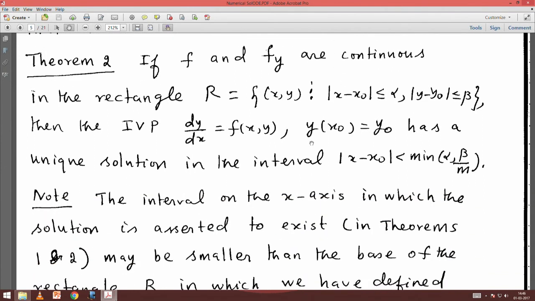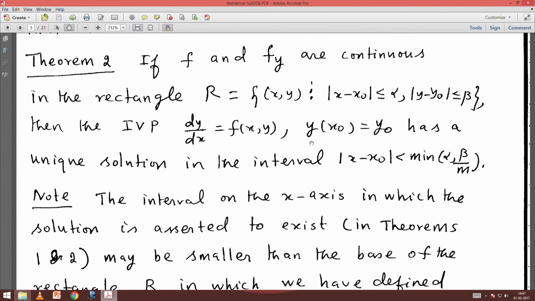So, if f and f_y are continuous in the rectangle which is centered at the point (x naught, y naught), then the initial value problem has a unique solution in the interval |x - x naught| < minimum of alpha, beta by M. So, both f and the partial derivative of f with respect to y must be continuous in the rectangle centered at (x naught, y naught).